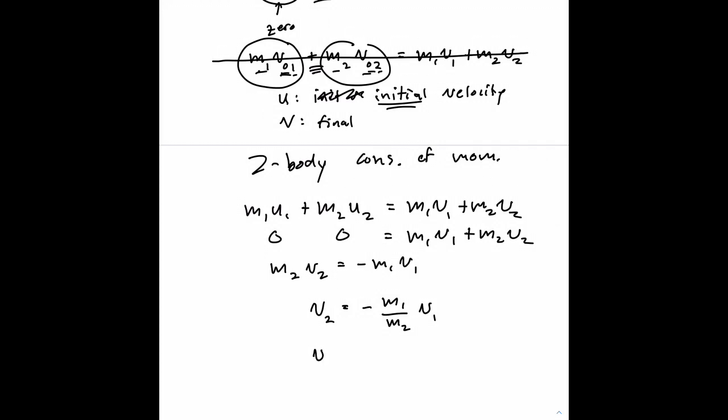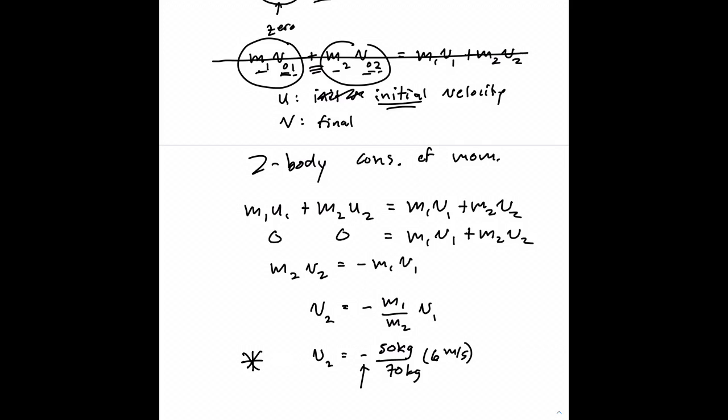So the velocity of Muhammad is equal to negative 50 kilograms divided by 70 kilograms multiplied by 6 meters per second. The negative just indicates that Muhammad's moving in the opposite direction.